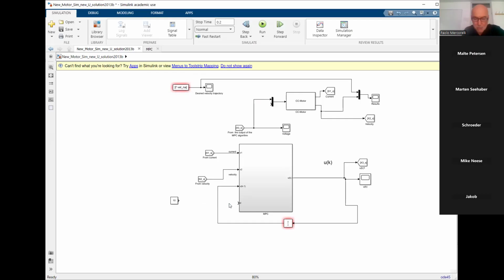Let me test the software. I hope that this works without disturbance. We can see that the disturbance is in the system, but we assume that it's known. Of course, this is an ideal assumption. Typically, we cannot know the disturbance, but we assume that. Of course, we can estimate it, but we cannot know it exactly as here in the simulation.